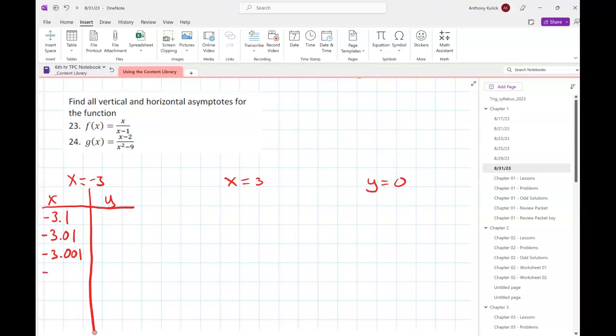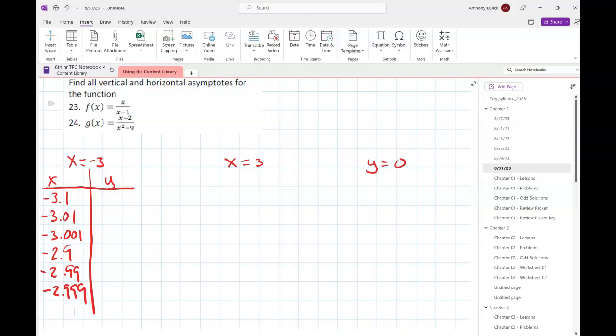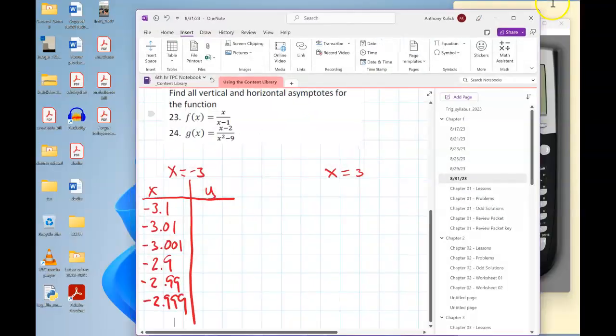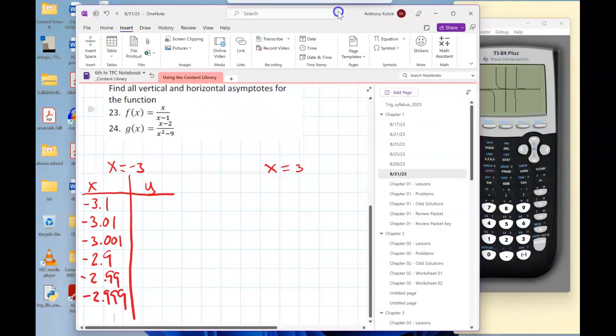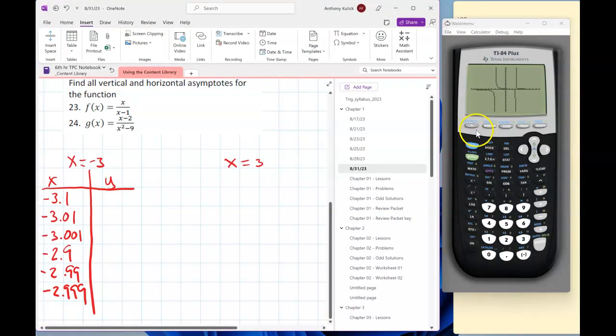And then we'll do some x's that are a little bit bigger than negative 3, but get closer and closer to negative 3. So those would be the ones I would choose. Again, you don't have to pick these ones specifically, but this is neat and systematic, and I don't know, the mathematician in me likes that.